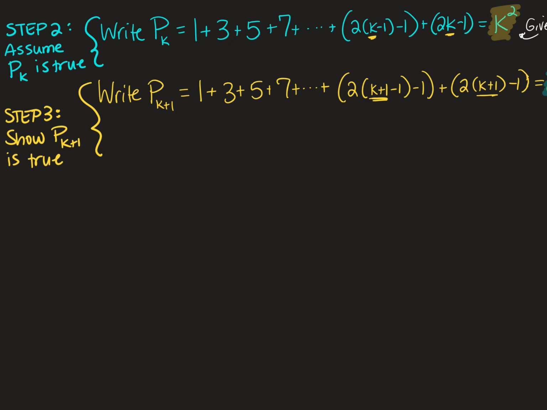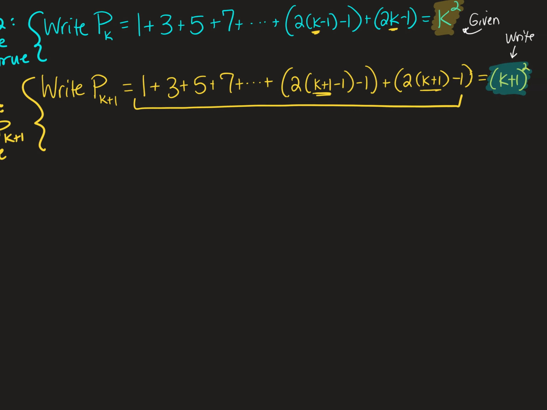So I want to show that P sub k plus 1 is true. In other words, I want to show that all of this, when I add it together, can be written as just k plus 1 squared. I want to show that those two things are equivalent. The problem I have is this dot, dot, dot right there.